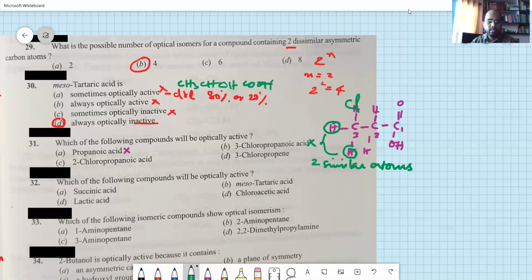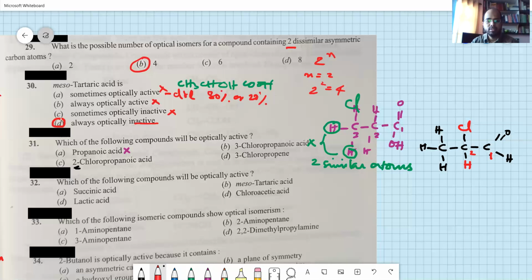Okay. Now the next one is 2-chloropropanoic acid. So again, I am writing the propanoic acid, C double bond O and H. So you can check the valency of the carbon. Here you have H, and H. This is the second, right? This is 1 and this is 2. 2-chloropropanoic acid.